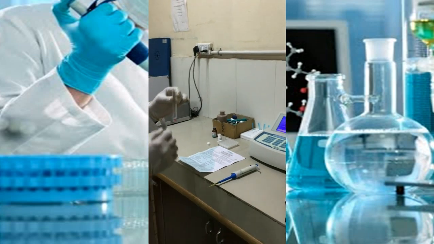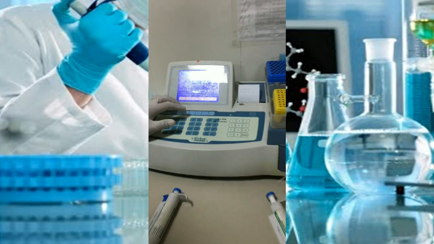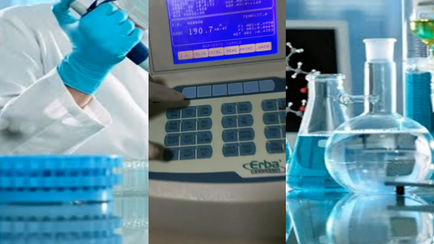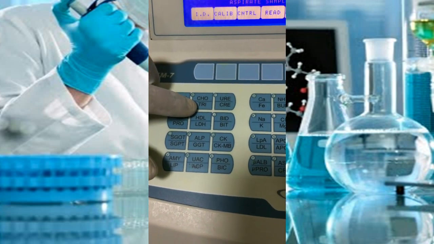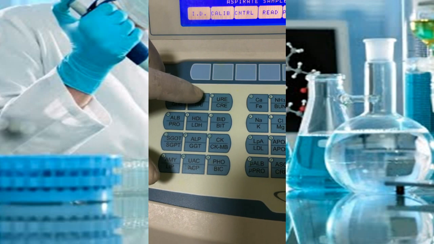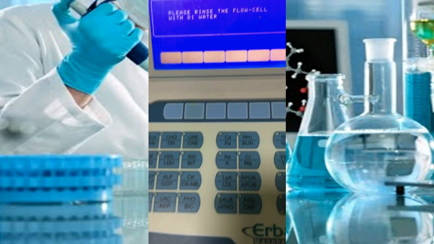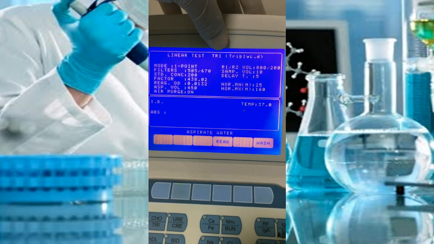Before aspirating the sample, we need to select the parameter here. Selecting the parameter, you have cholesterol at the upper part and triglyceride at the lower part. To get triglyceride, you need to press twice. Once we press twice, at the upper portion you can see triglyceride has been selected.